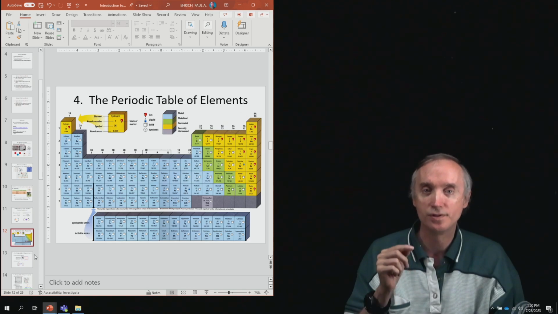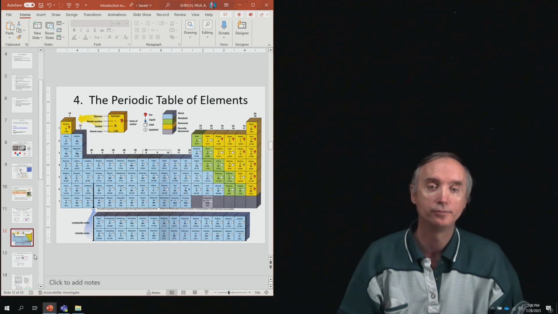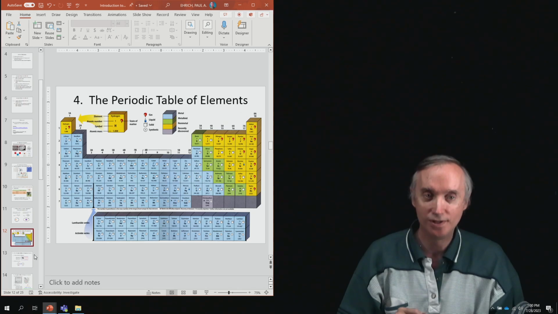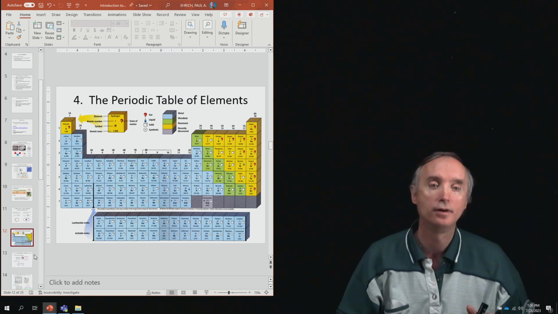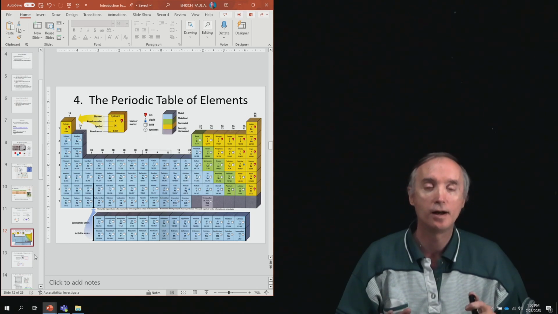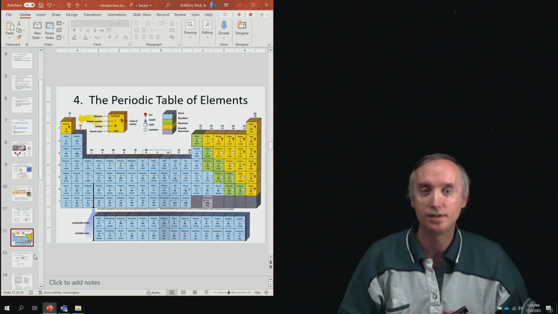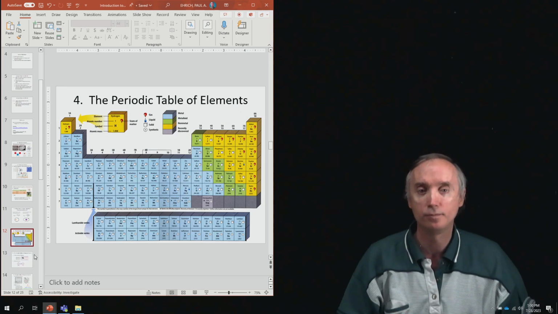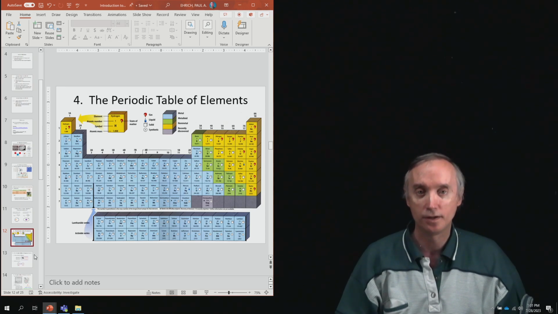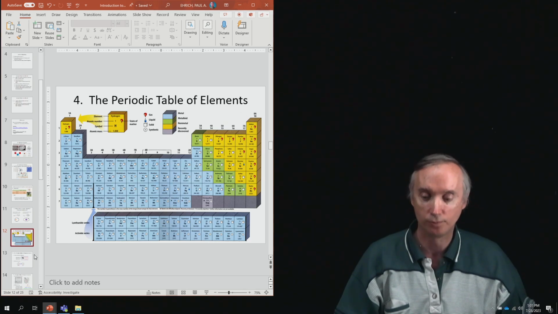One of the numbers does not have a decimal point, and one of the numbers does. Now, we don't care, at least not yet, about any of the numbers that have the decimal point. So we're only concerned about the numbers on the periodic table that don't have the decimal point.